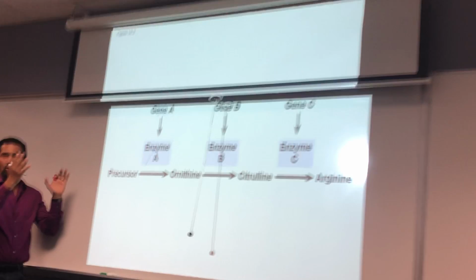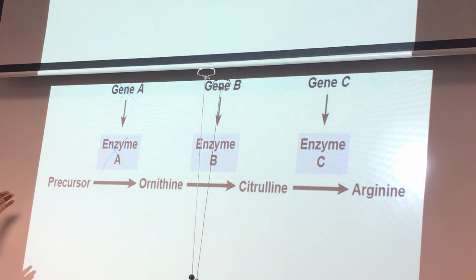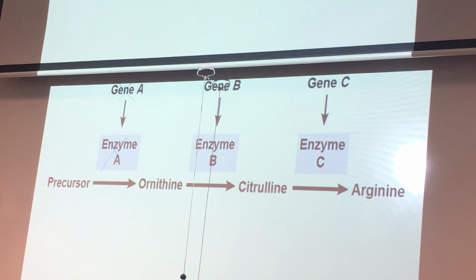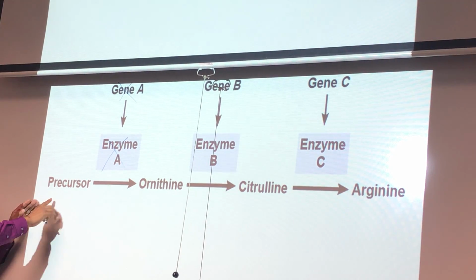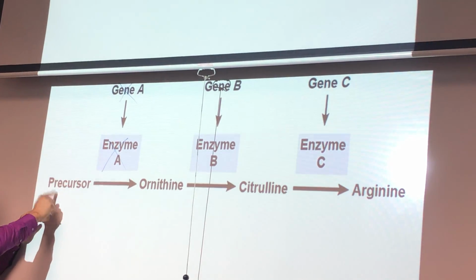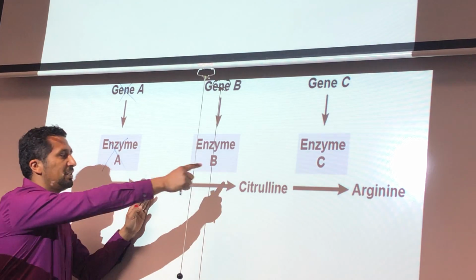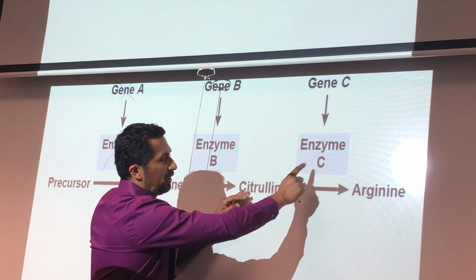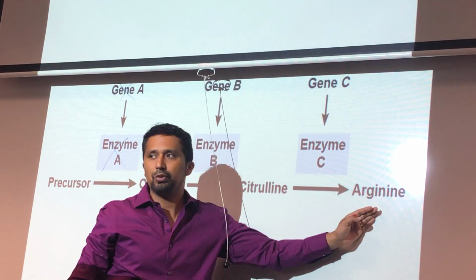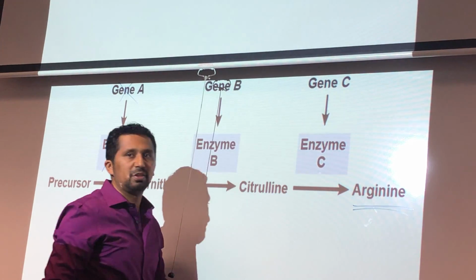They put these Neurospora cells that have been exposed to the X-rays in the minimal media, and it doesn't grow. Why? Because now enzyme A cannot take this precursor in the minimal media and convert it to ornithine, which then enzyme B will make into citrulline, and then enzyme C will make into arginine, and therefore the organism is able to live. The goal is to make this so the organism can live.